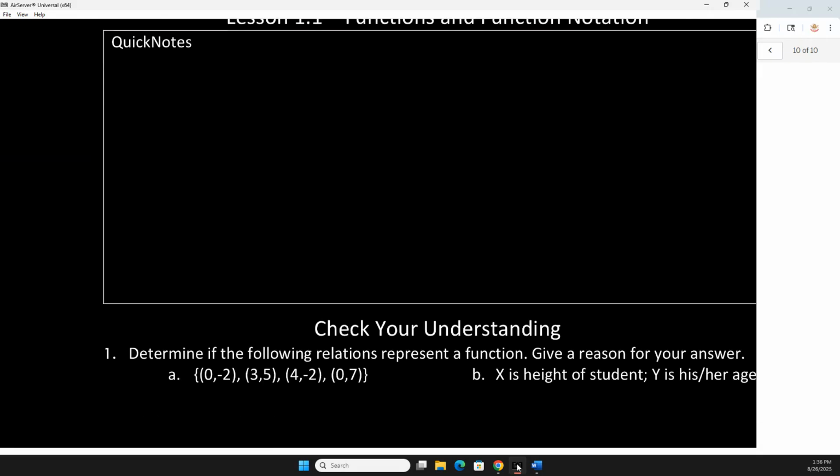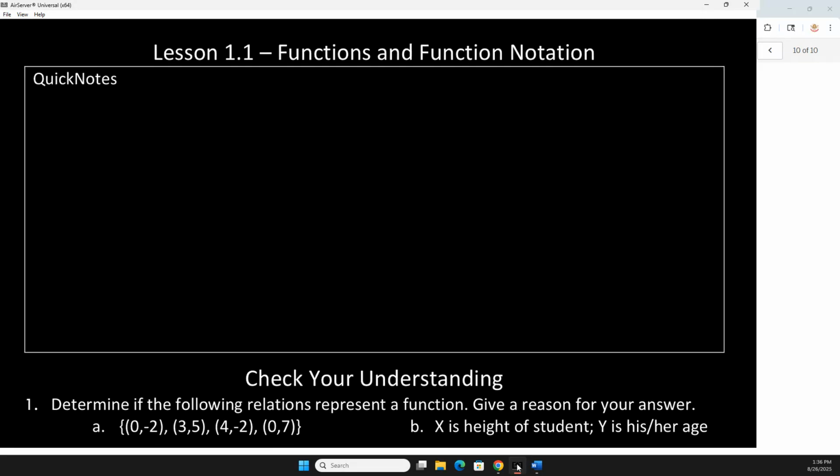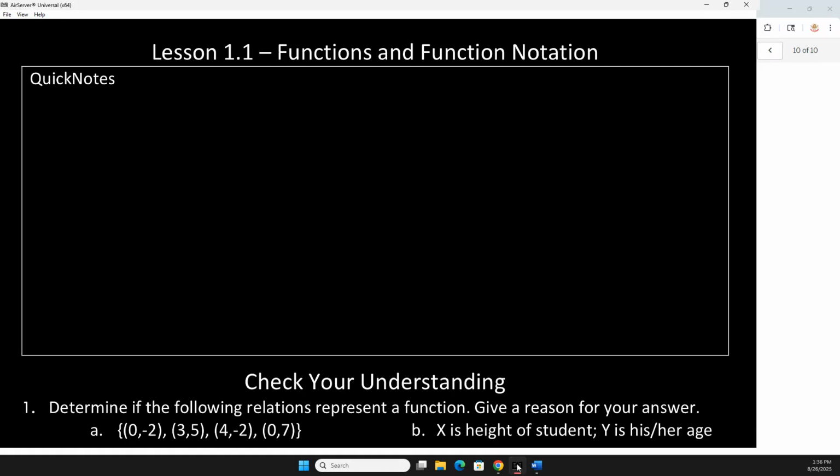Alright, so even though it might not seem like it, we actually covered a lot of concepts about functions with this turtle activity. So we learned how to evaluate a function. We learned kind of when something is not a function.